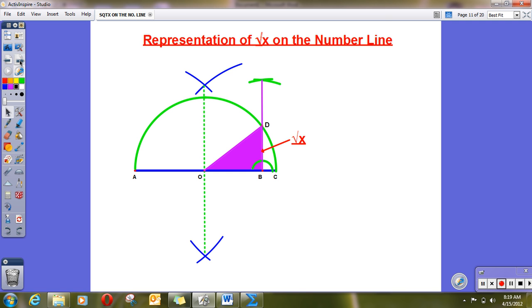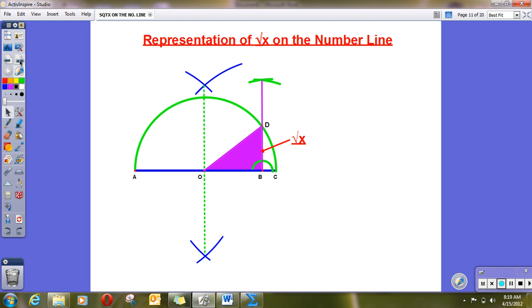Let's see what happened to our figure. We had AB, we extended it to C by 1 unit. Then we bisected AC and got the midpoint of AC as O. With O as center and OA as radius, we constructed a semicircle.